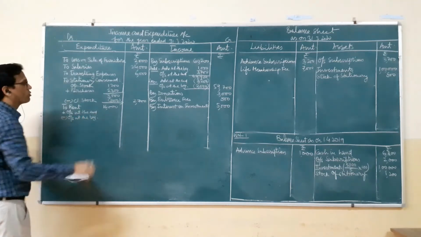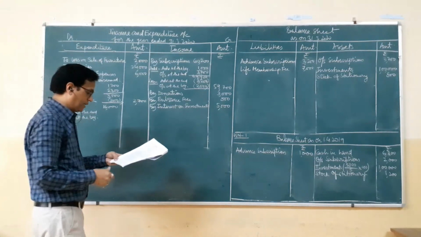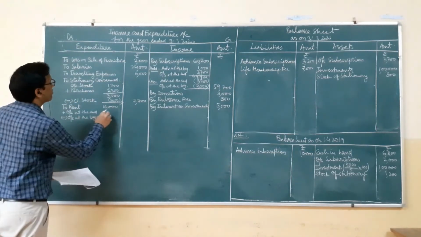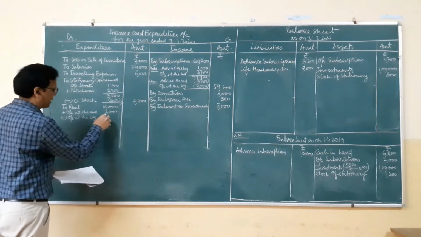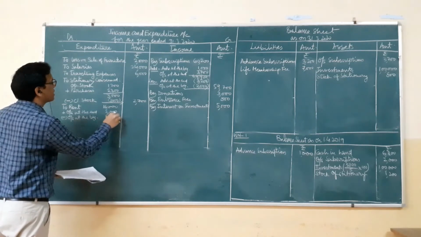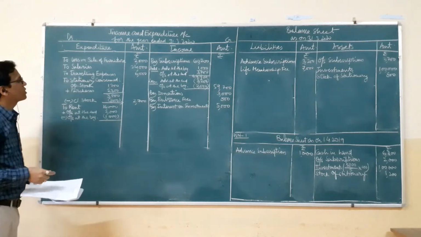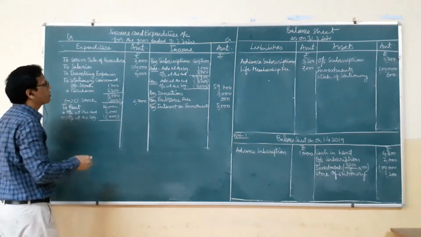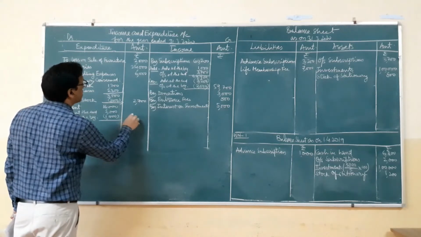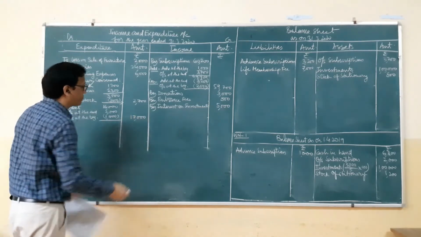The amount which was outstanding last year we will subtract, and the amount outstanding this year we will add. So 2,000 is outstanding this year, and 1,000 was outstanding last year. So 16 plus 2, 18,000 of this year was to be paid, and 1,000 of last year has been paid. It means 17,000 is of the current year.